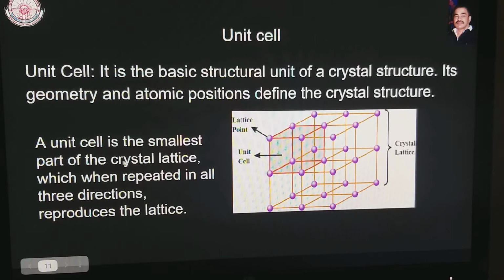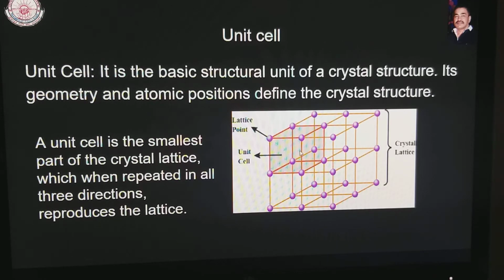A unit cell is the smallest part of the crystal lattice, which when repeated in all three directions reproduces the lattice. So in three dimensions, this is the unit cell, and if we repeat this unit cell throughout the crystal, we obtain the whole crystal. This is the smallest part of the whole crystal lattice.